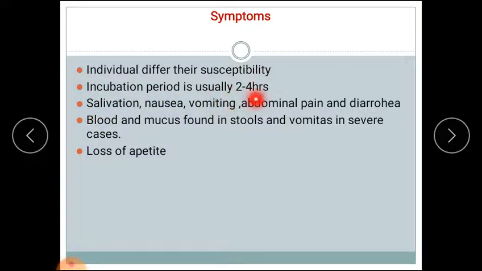Incubation period is usually 2 to 4 hours. Symptoms are salivation, that is extra saliva secretion, nausea, vomiting, abdominal pain and diarrhea. If there is a severe case from this enterotoxin, then there may be occurrence of blood and mucus in the stools. There is loss of appetite. What is appetite? No interest toward the food.